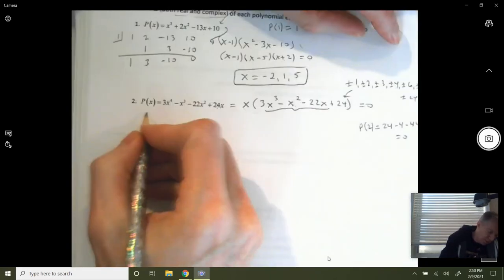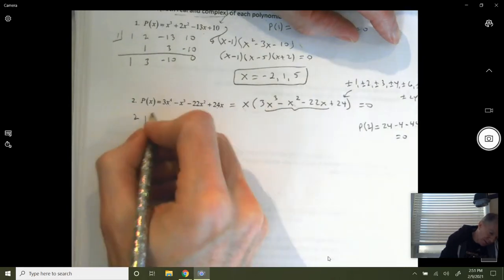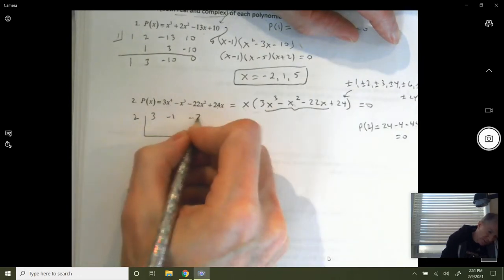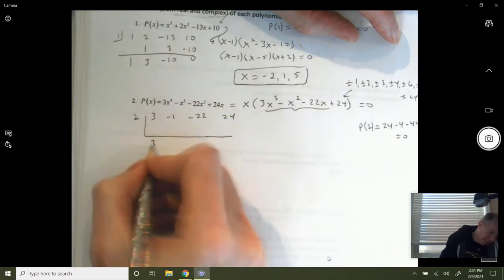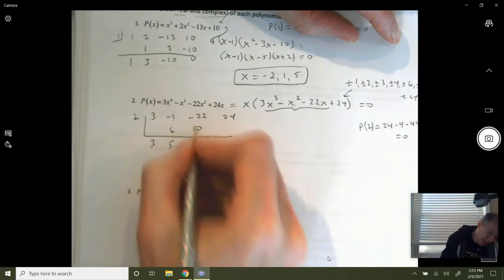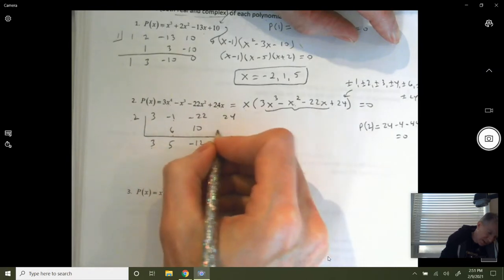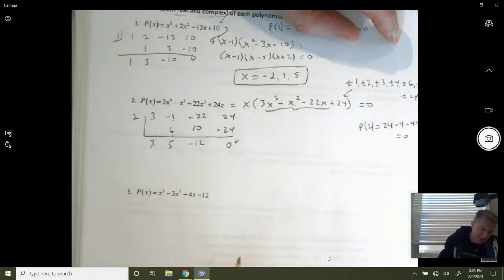So I put a 2 up in the corner. I've got the 3, the negative 1, the negative 22, and the 24. Bring down the 3, multiply, add, multiply, add, multiply. And there's my confirmation. I get a remainder of 0, so this divides evenly.